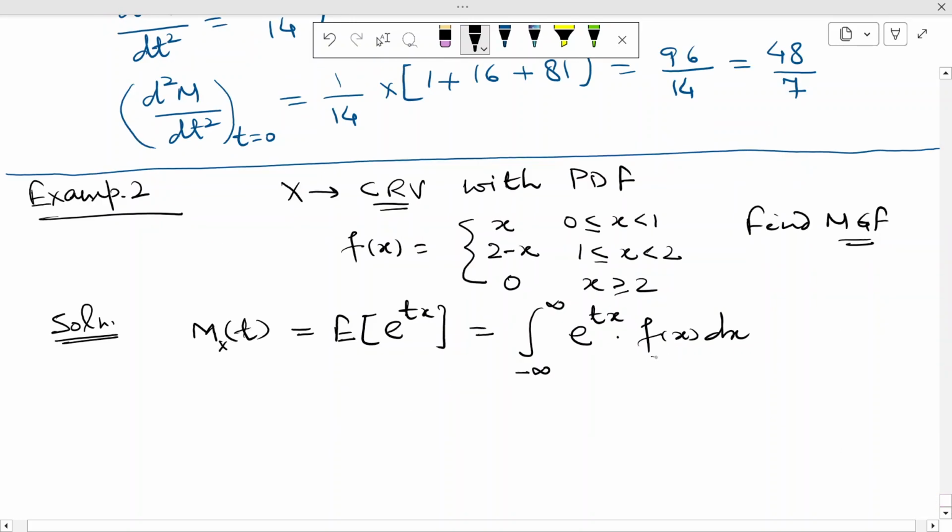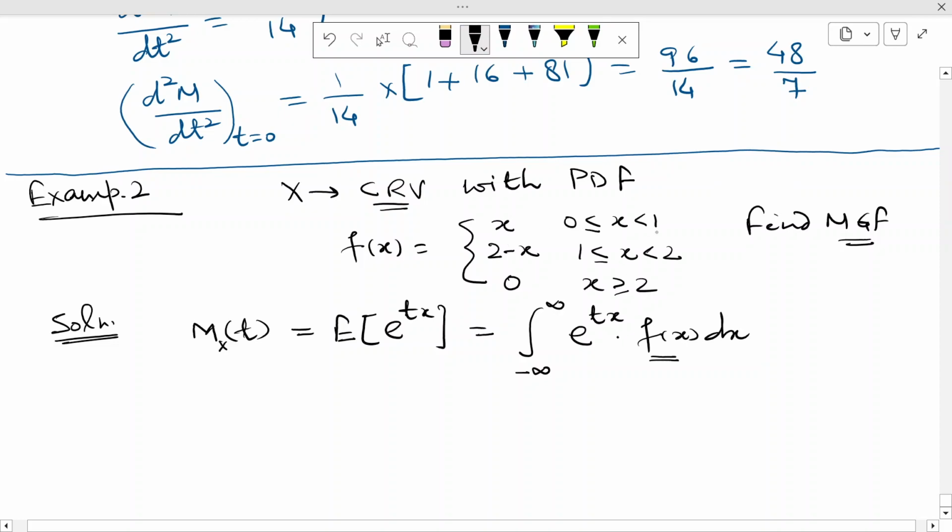Now if you are looking at the definition of f(x), this f(x) is defined only for the values greater than or equal to 0, right? And even in that range, it has different intervals where it has different values.